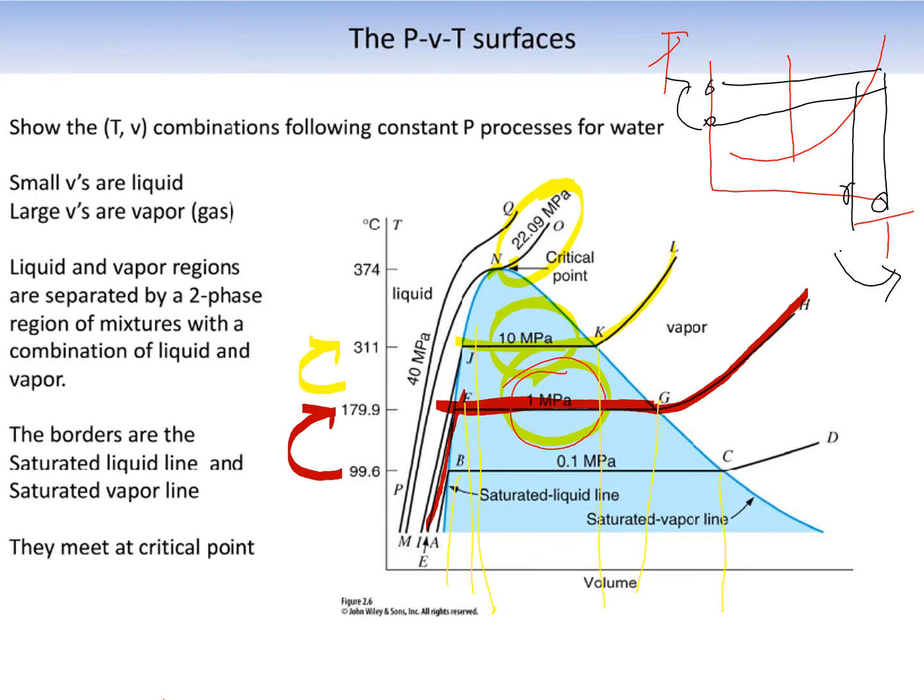There will come a point that at this pressure and beyond, there will be no constant temperature boiling process, and the pure substance will instantaneously turn from liquid to vapor.